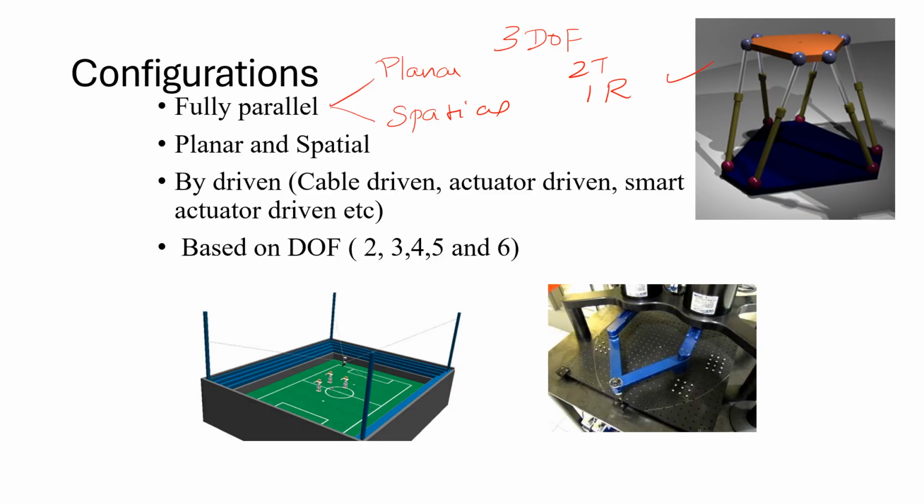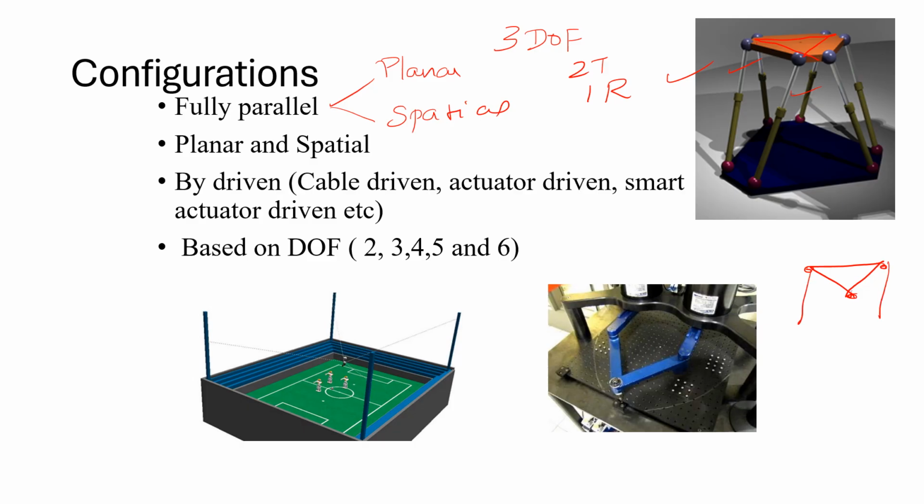So 3 chains support the end effector, as you see in the figure, and the chains are attached at 3 points. Generally, the end effector will be a triangle, and at these 3 points you will have three kinematic chains, right?